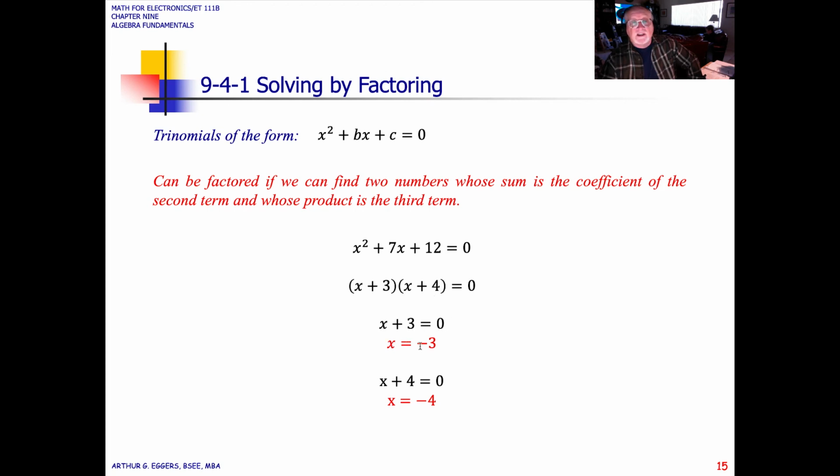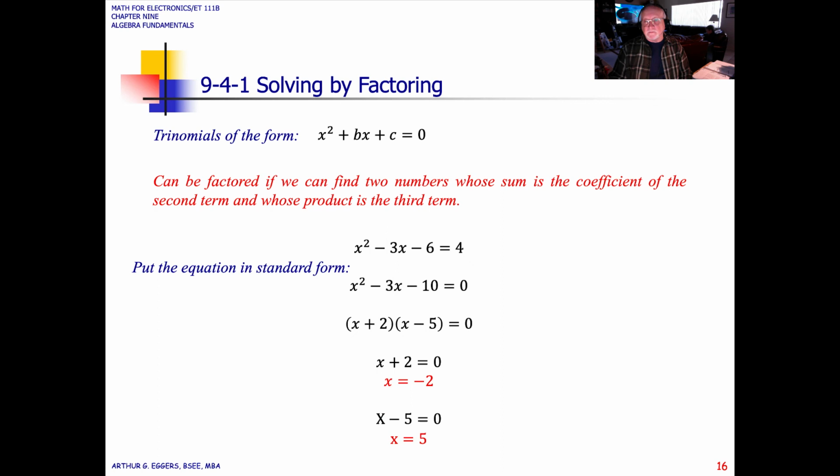Our roots in this case are minus 3 and minus 4, by setting each term to 0 and solving for the unknown. That's a simple way to do it. It's not always that easy. Typically in exercises like this, the author gives you a way to quickly look at and learn how to do this pretty much by inspection.